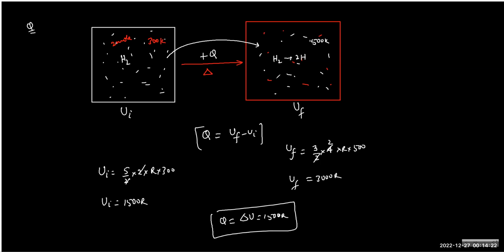A process is said to be a thermodynamic process if the state is well defined at every instant. Here the state is defined in the beginning. Once you add energy, there will be chaos. Energy will distribute vigorously, the gas will move randomly, and eventually, after a long time, it will settle down at some temperature.